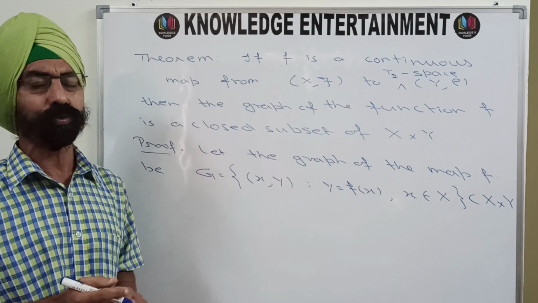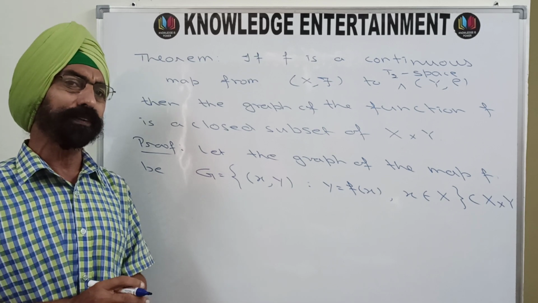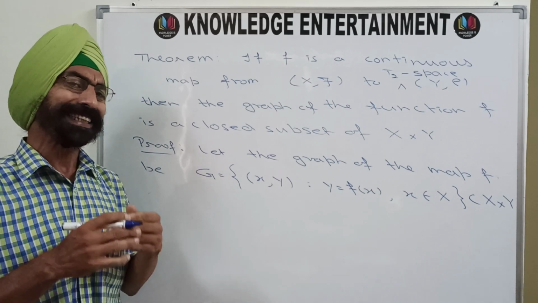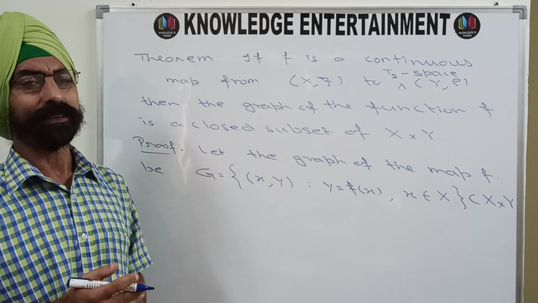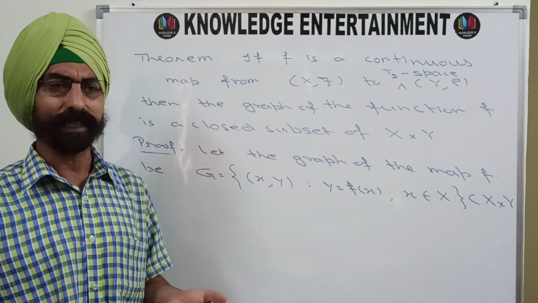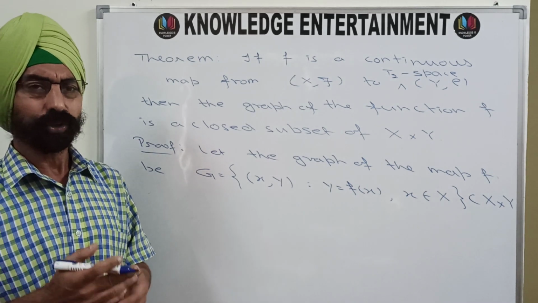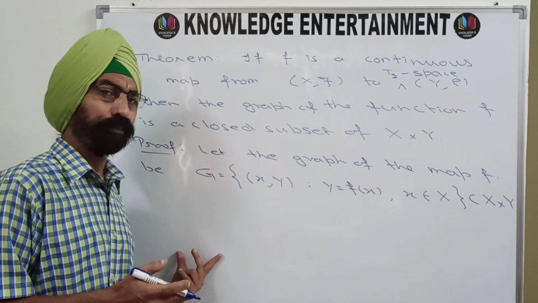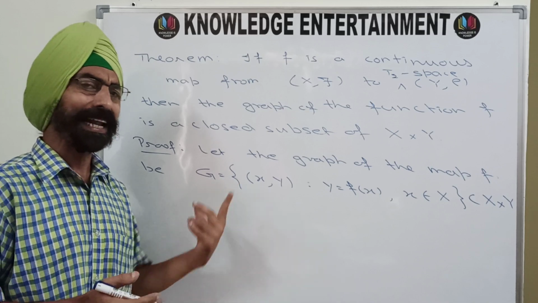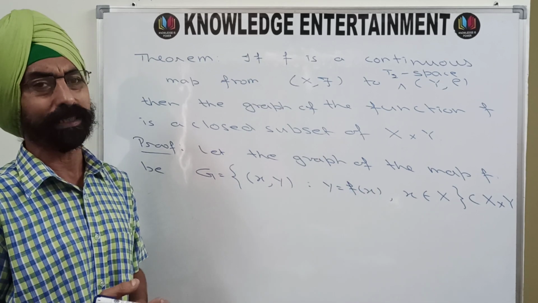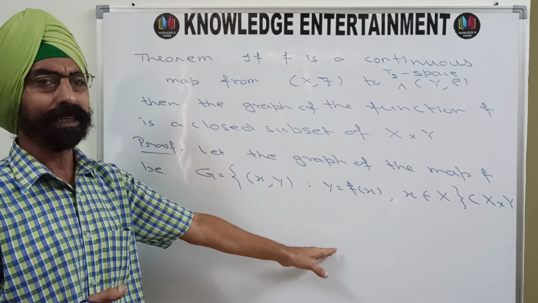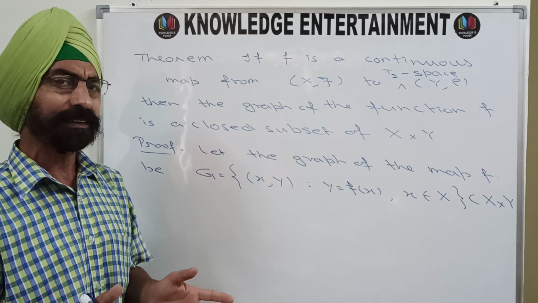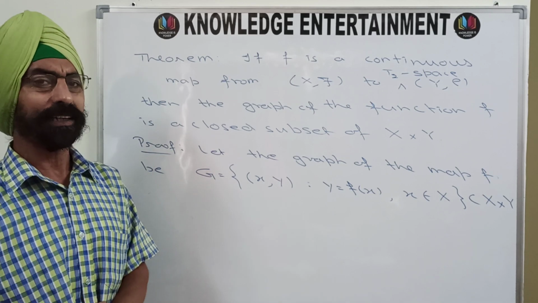For that, we will take one point from the complement of G, some point (a, b), and we will try to insert an open set, whatever name you take, M, anything, such that the point (a, b) belongs to M and M is a subset of G complement. That will make G complement an open set, and G complement open means G is closed. That is the line on which we are going to work.